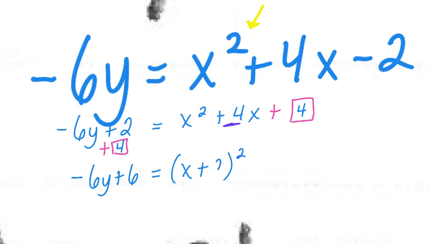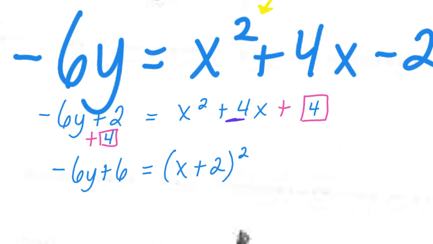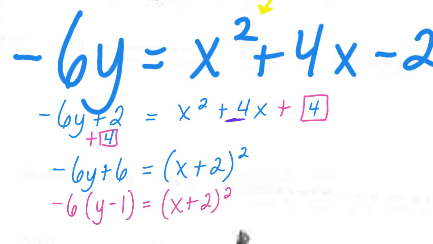So this perfect square is x plus 2 quantity squared. I had to look back at what the question said. The question says to find the focus. I'm not there yet, but I'm getting awfully close. So I do have to factor out a negative 6 because I want this to be in parentheses, y minus 1 and x plus 2 quantity squared.